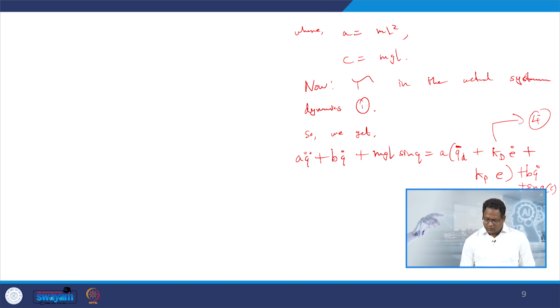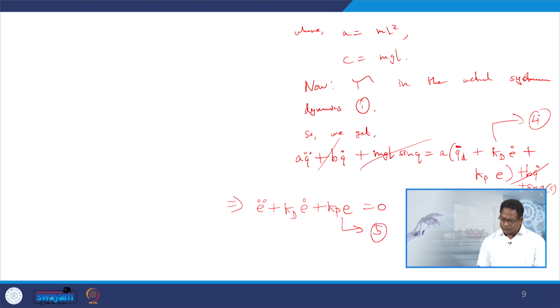So, thus equation 4 is going to be reduced. Okay, so, you can see that upon simplification equation 4 turns out to be a second order error dynamic equation given by e double dot plus Kd e dot plus Kp into e equal to 0, which is equation number 5.